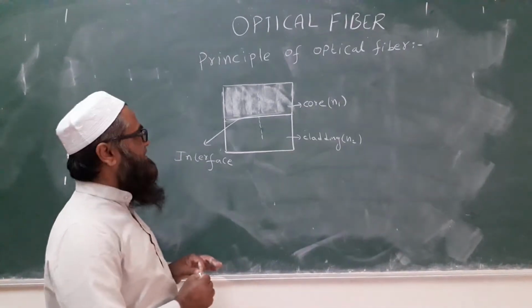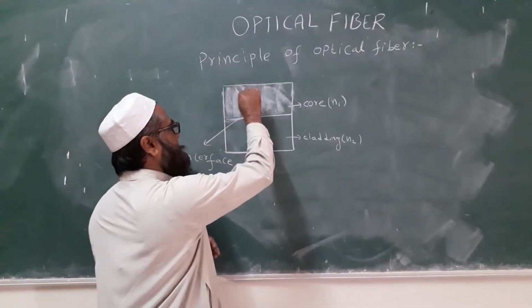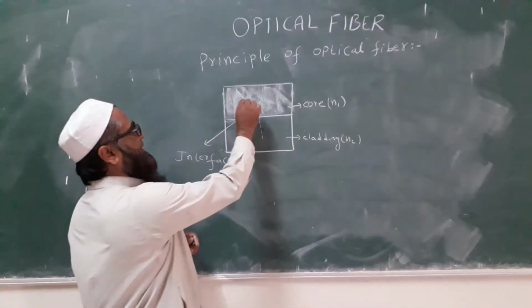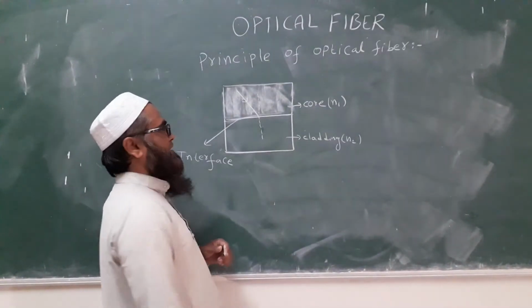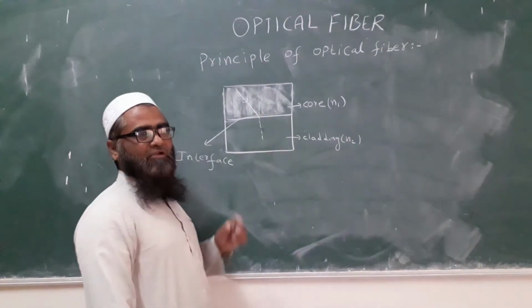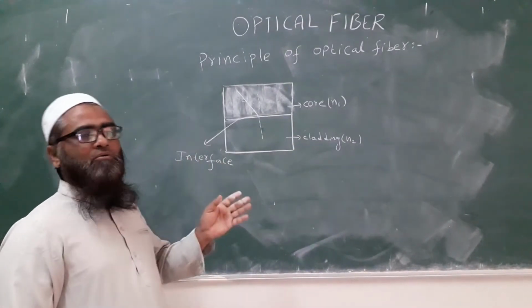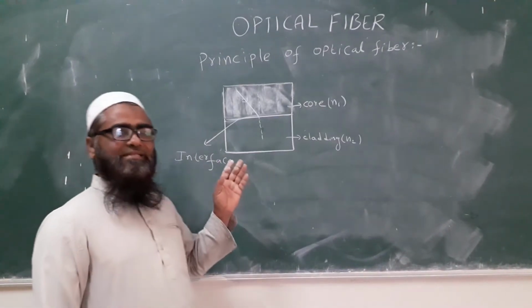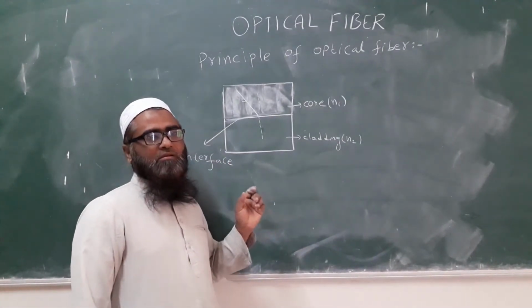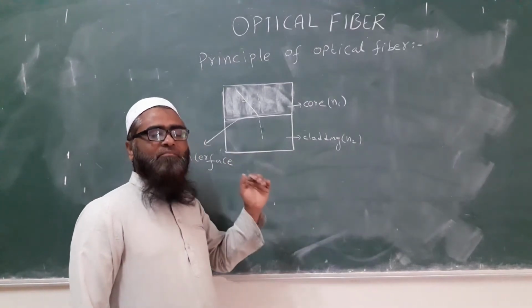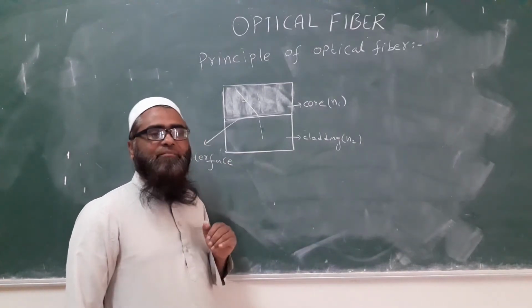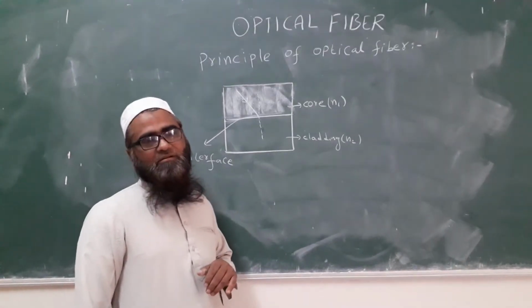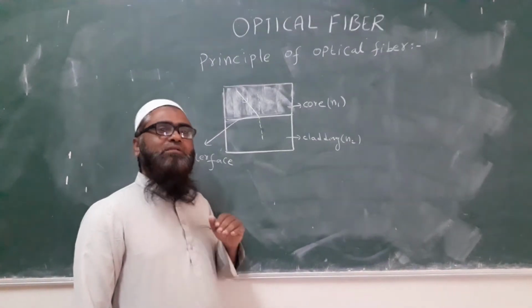Let us suppose that a ray is passing from the denser medium to the rarer medium. How does the ray pass? As you know from Snell's law, if a ray passes from a denser medium to a rarer medium, it bends away from the normal.